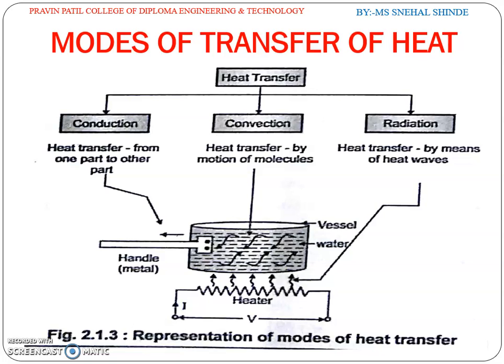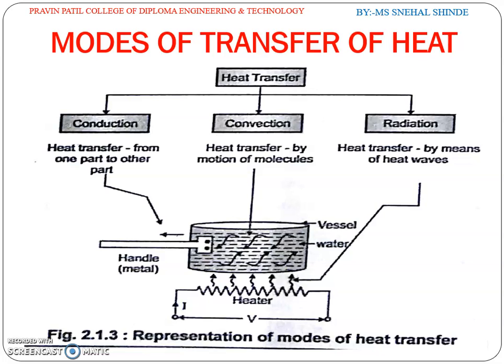Convection, 0.5 watts per centimeter square. Radiation equal to 8 watts per centimeter square.